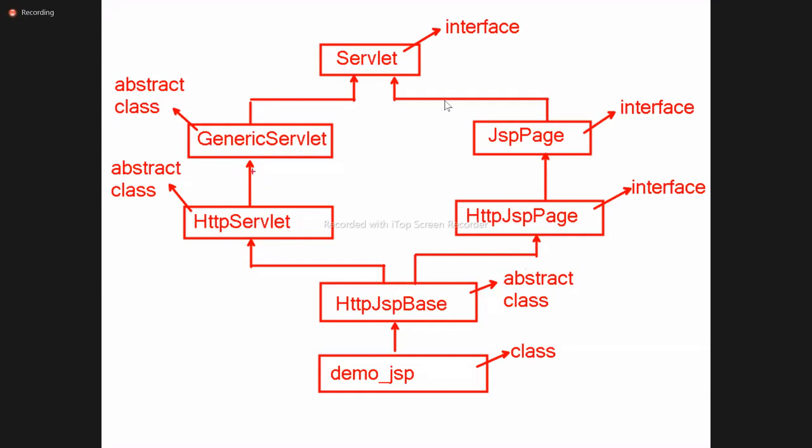These two, GenericServlet and HttpServlet, are classes. So multipath inheritance, hybrid inheritance, is possible with interfaces. With classes it is not possible.